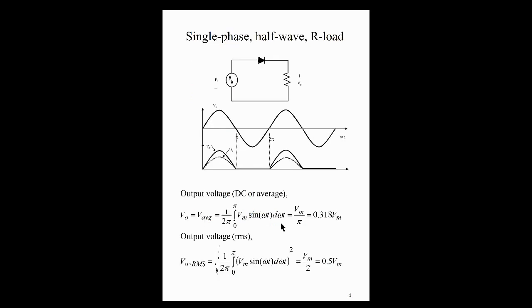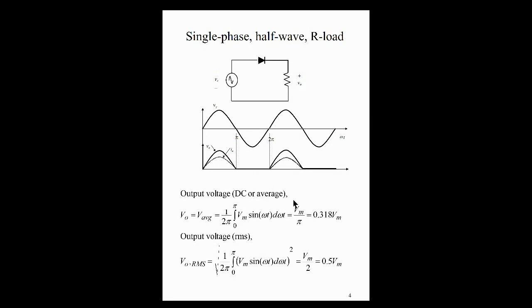So the first one, a very simple case with your uncontrolled rectification, we just have a diode and a resistor as our load. As you can see here, the input waveform is sinusoidal. However, as it passes through the diode, the negative portions of this signal are removed, so we only have the positive cycles.